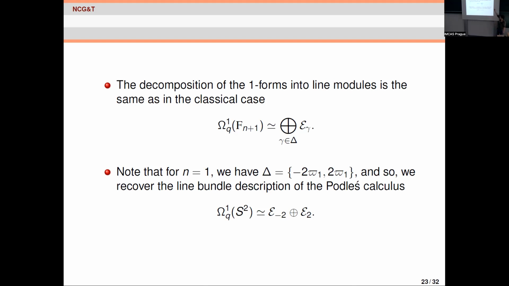If you now ask what happens if we go down to the case of Podleś, the one that we saw before, then in that case the space of roots, this is not the root lattice, this is the space of roots, is given by twice the fundamental and minus twice the fundamental. And hence that means we get back these two line bundles, the -2 and 2, that were already known for Podleś as shown by Sharon. So it's a direct higher order generalization of the situation with Podleś.